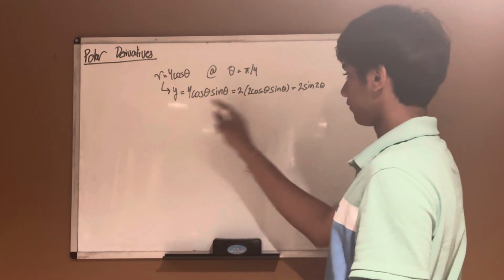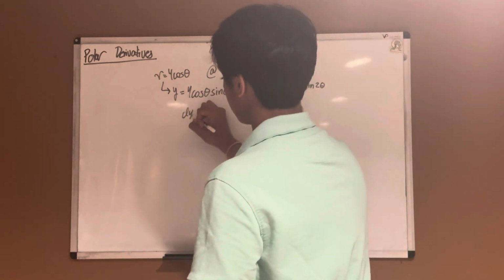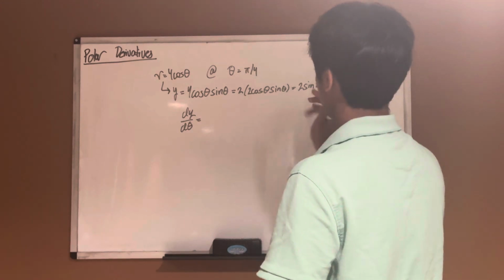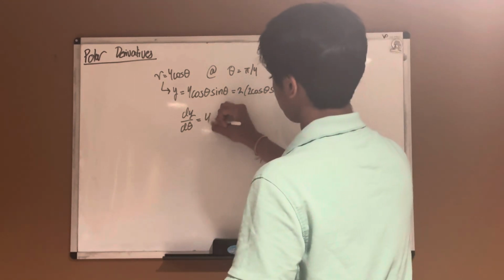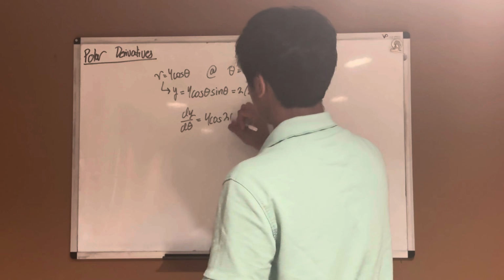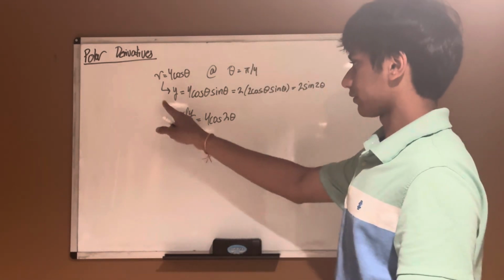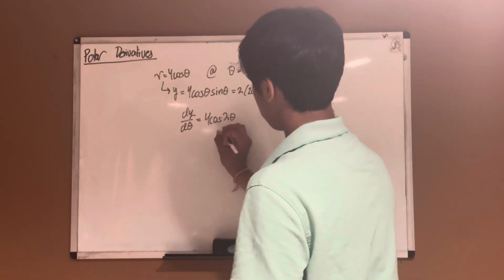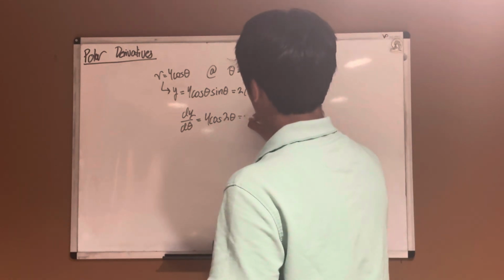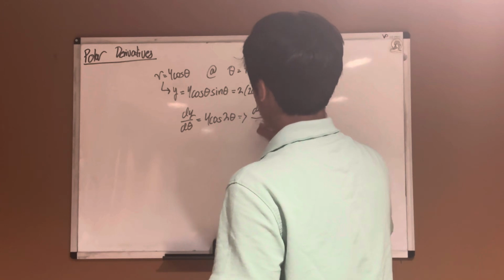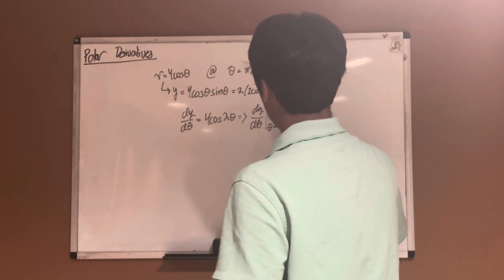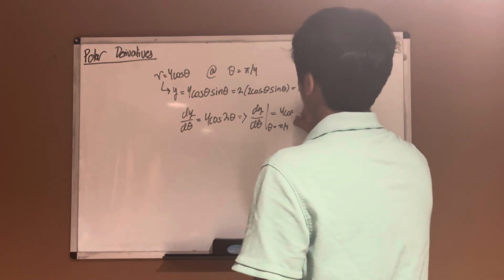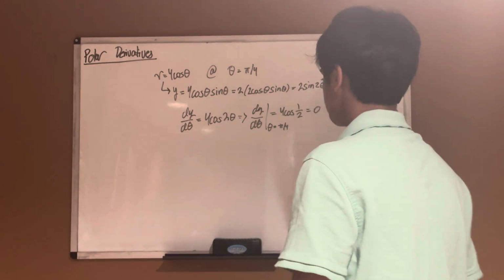Now let's take the derivative of 2 sine 2 theta with respect to theta. The 2 comes out, so we get 4 cosine 2 theta. We could try to find x now, but since we're given theta, let's just see what happens if we plug it into dy/d theta. At theta equals pi over 4, we get 4 cosine of pi over 2, which is equal to 0.